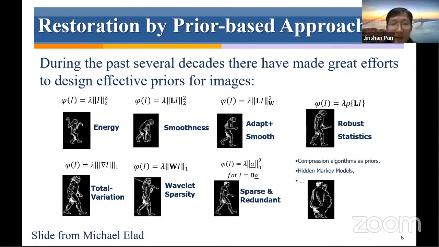I think we are familiar with this evolution, for example, the energy-based ones, the widely used total variation, sparse coding, and so on. We have also witnessed that the key success of the conventional methods mainly stems from designing effective image priors.